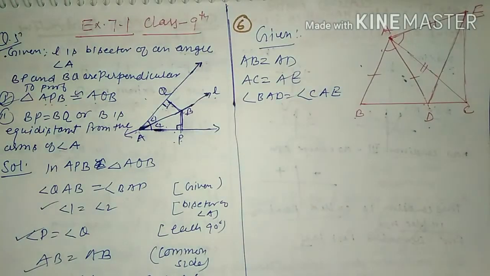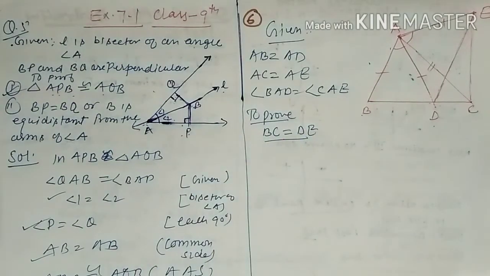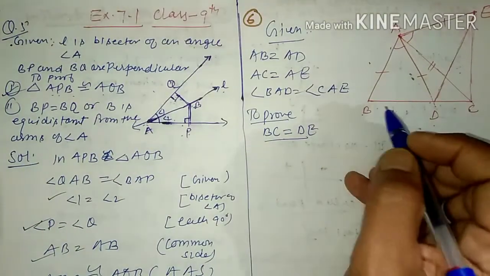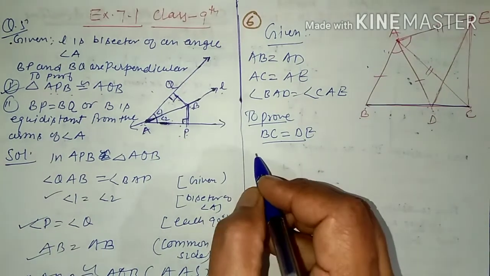Okay. And what we have to prove? We have to prove that BC is equal to DE. Okay. So now BC is a side of this triangle ABC.